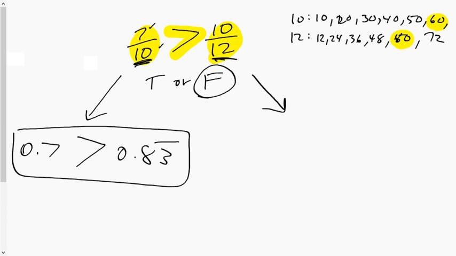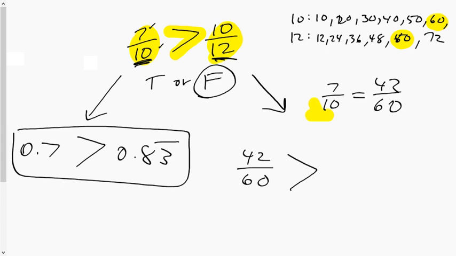That's a multiple. Now, because he knew that, he could take 7/10 and make it into an equivalent fraction out of 60, correct? Which is how many 60ths there? 42 60ths.